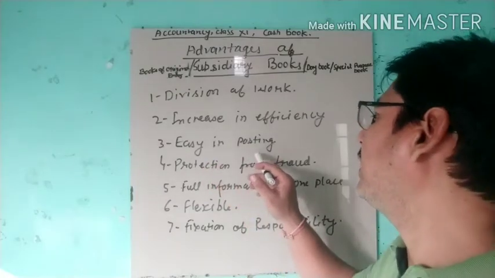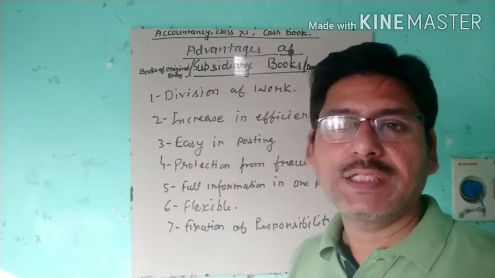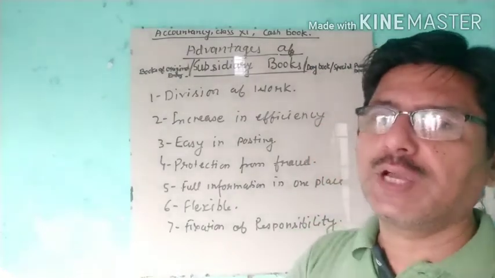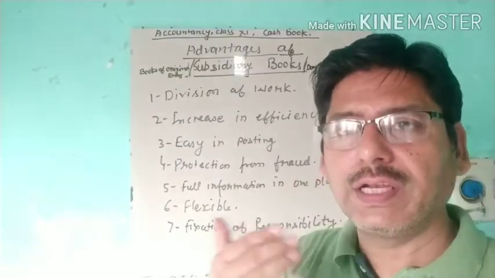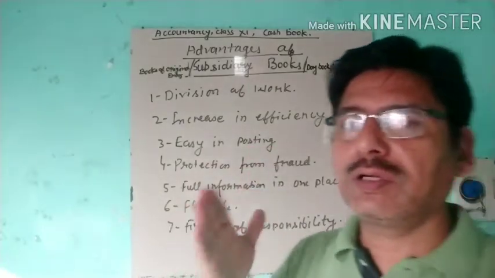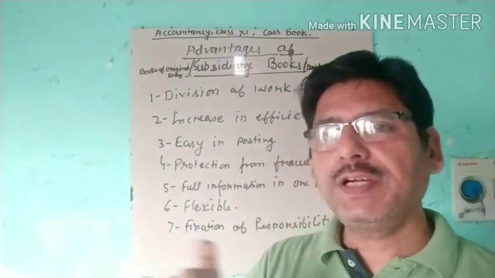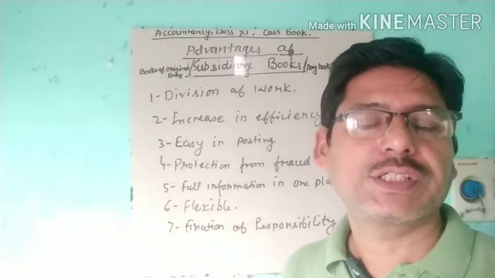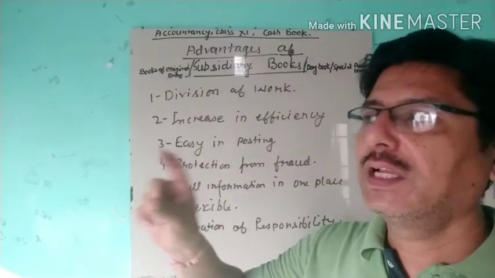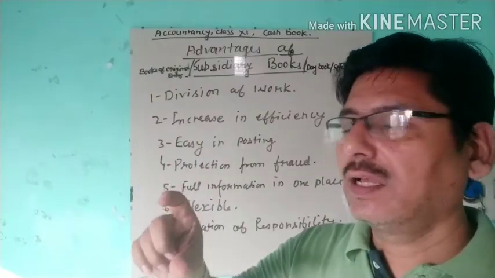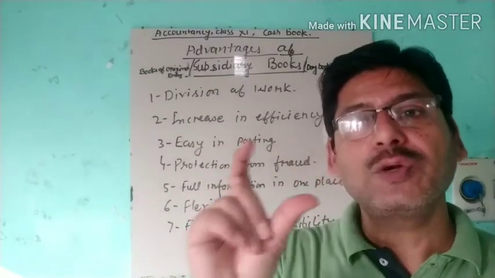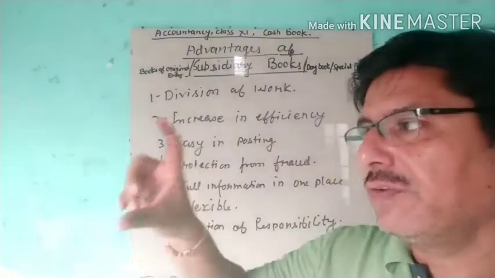Then comes ease in posting. It becomes quite easy, because posting means we record the transaction into the ledger, which we will study further. That is called the classification work, because different transactions related to different accounts are kept in different places. Transactions related to one account are kept in one place.